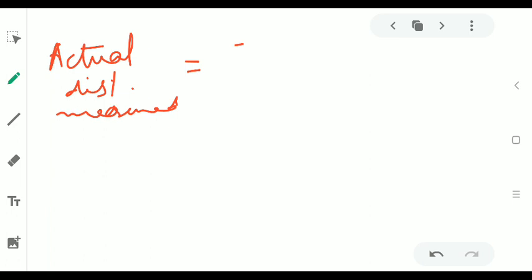So the actual distance measured on ground, that is basically L dash, that is your actual length, divided by L, that is the measured length, into the measured distance.